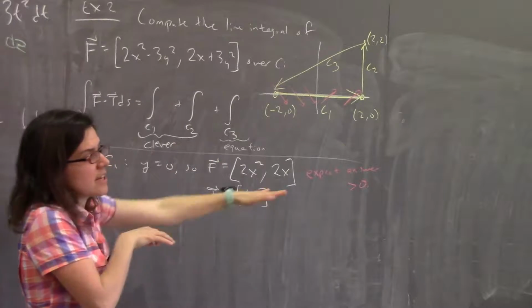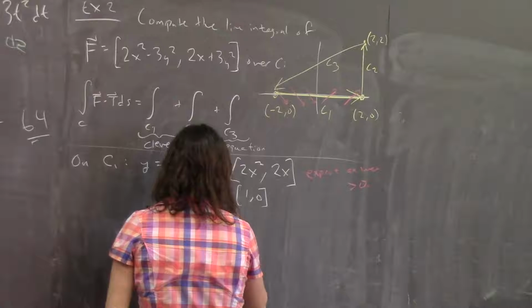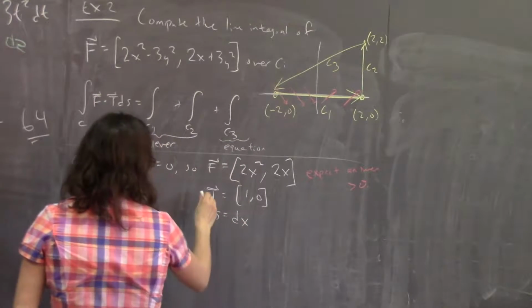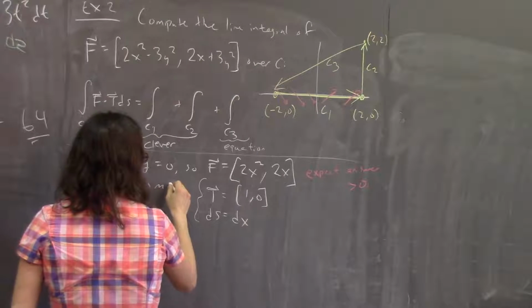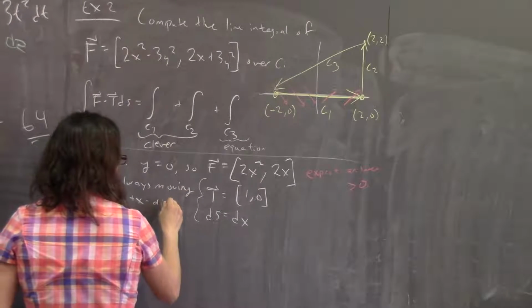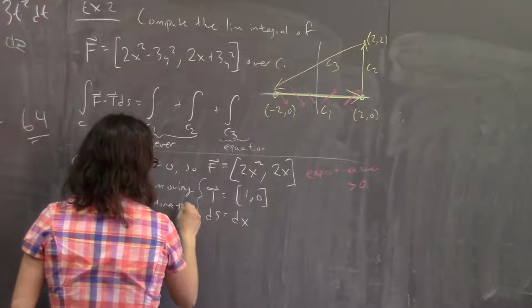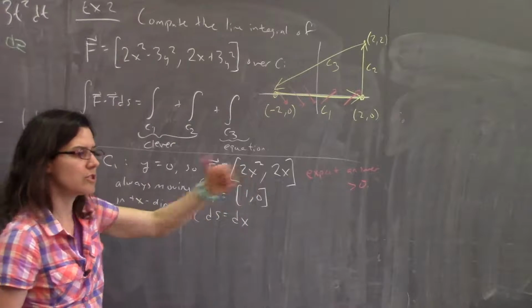But we're always going in the x direction, so ds should be dx, because we're always moving in the positive x direction. If we were moving in the negative x direction, ds would be negative dx, going the other way.